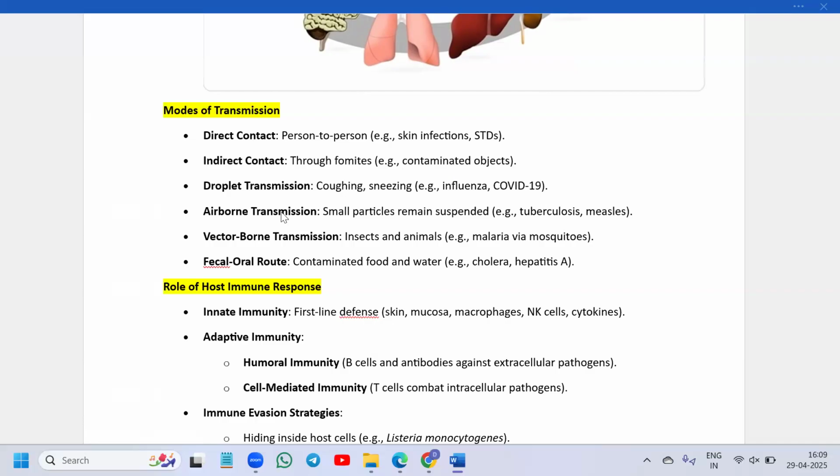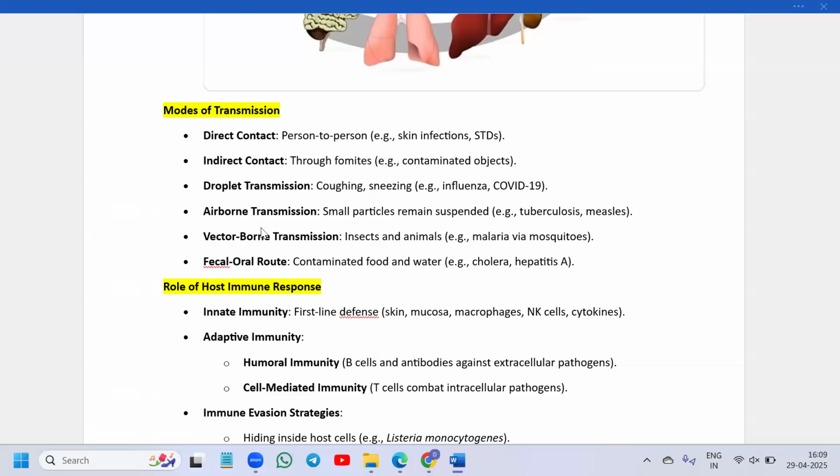Airborne transmission through air. Yes, tuberculosis, measles. So whenever small particles remain suspended, and everyone is in the same room. Okay, and there are 2-3 persons who are affected, and they are coughing and sneezing, or they have some infection in them, and that's all airborne. Okay, that is going to transmit to other people in the particular room. That is airborne transmission.